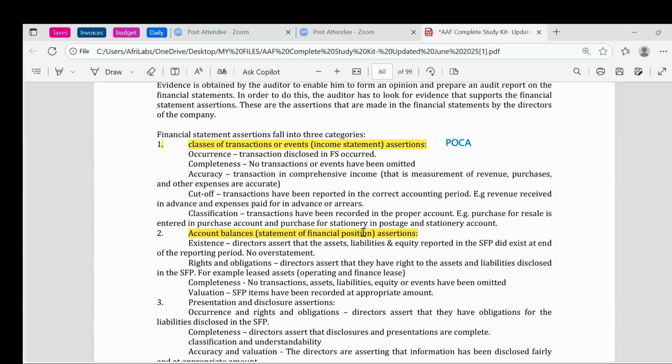That should be income statement. It is income statement. If I say you should do audit procedures for investments, which assertion? It is financial position. If they say you should do for inventory, which one? It is statement of financial position.